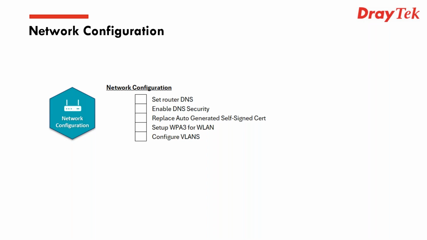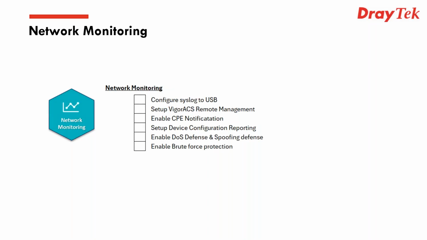And then setting up WPA 3 for wireless LAN is best practice now instead of WPA 2, and configuring VLANs as well where appropriate. So that's something to make sure is done. And on the network monitoring, we've got related things to do with being able to monitor what's happening and get auditing logs. So configuring syslog to a USB stick is a really good idea.